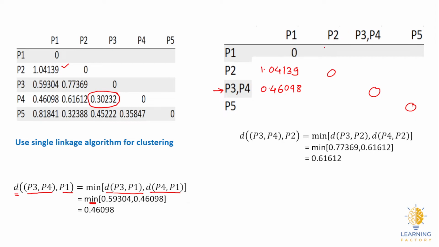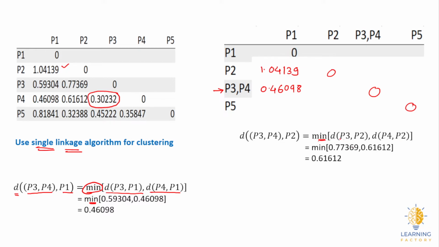Similarly, we now need to compute the distance between P3, P4 and P2. Once again I'll highlight that we are using single linkage, where we consider the minimum distance between the data points in the clusters. So to compute the distance between P3, P4 and P2, we consider the distance between P3 and P2 and the distance between P4 and P2, and find the minimum.